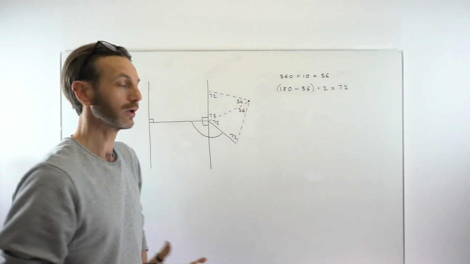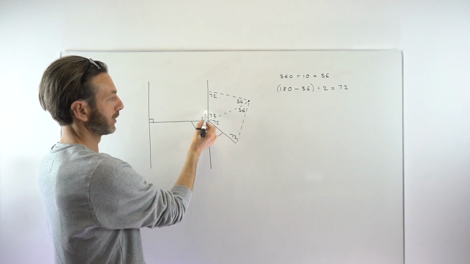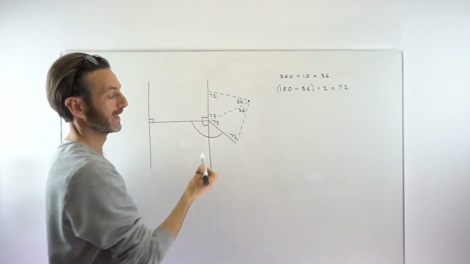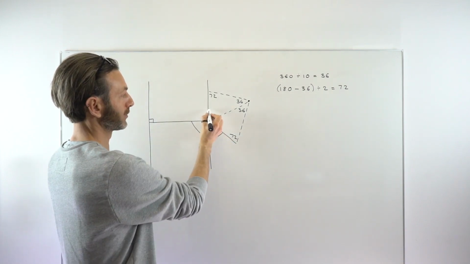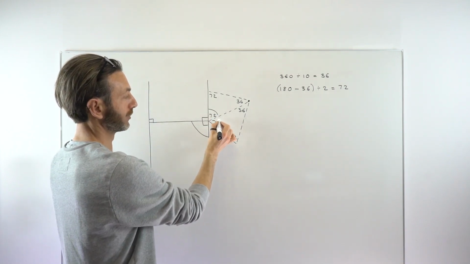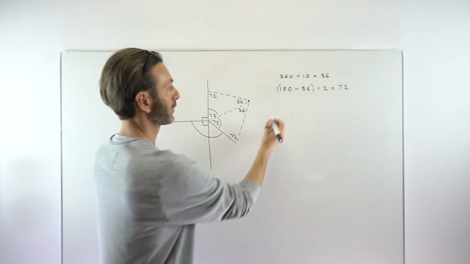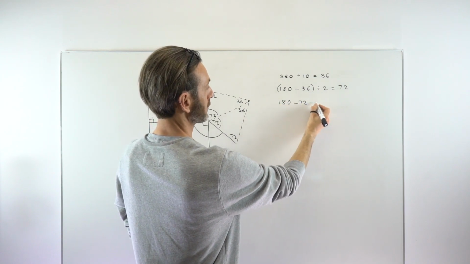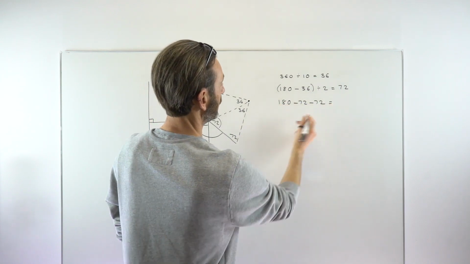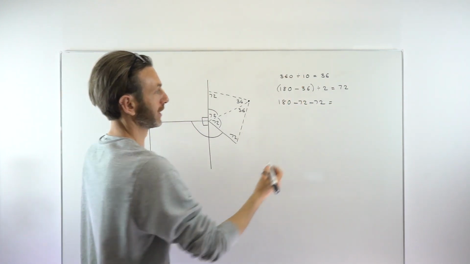So keeping in mind what we're looking for, this angle here, but notice that in the same way that that side adds up to 180 because it's coming off a straight line, this side adds up to 180 as well. So that there's 72 degrees, that's 72. We're trying to find a little bit in between those. So if we just do 180 minus 72 twice, or minus 72 minus 72, that's 180 minus 144, which actually goes back to that 36 number.